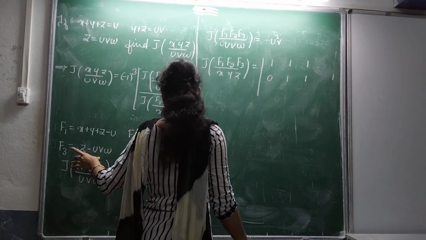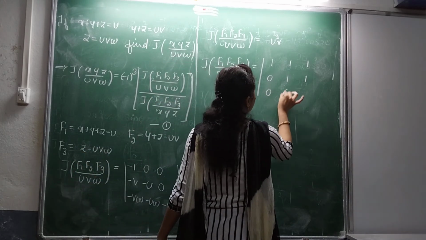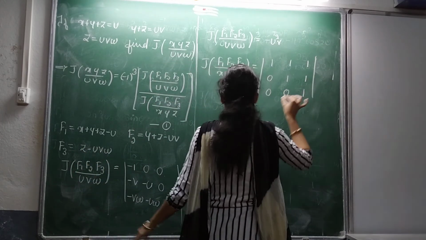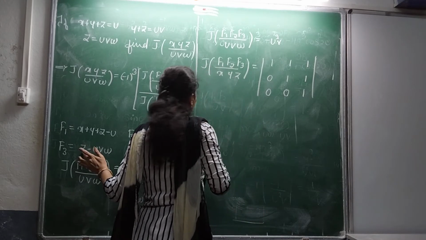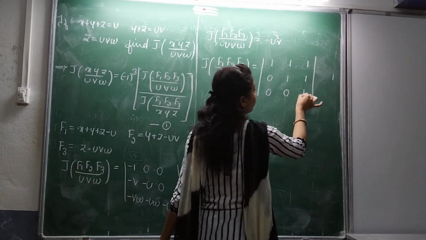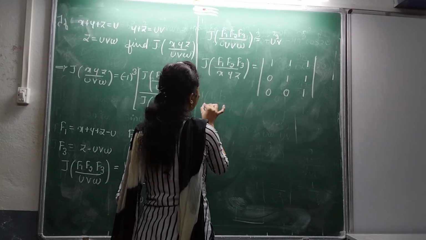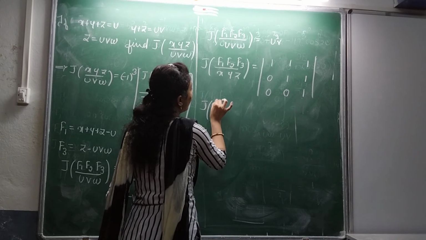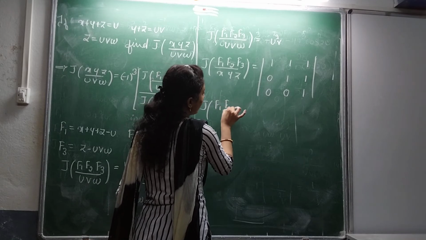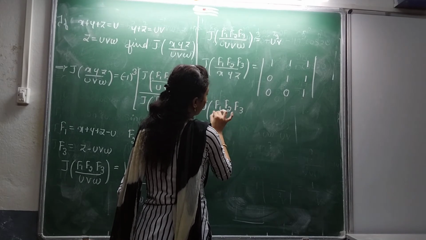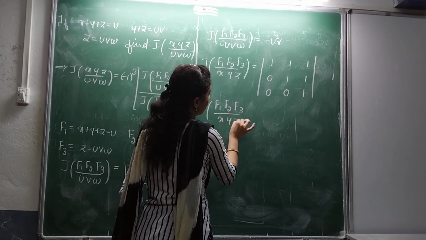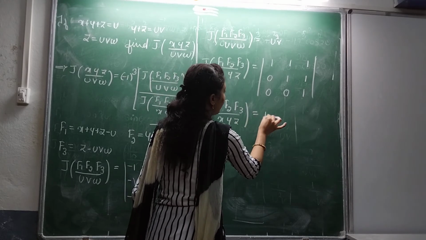F3 with respect to x, y, z: 0, 0, 1. No x, y term, so f3 with respect to z is 1. So again below the principal diagonal all the elements are 0, therefore the Jacobian of (f1,f2,f3) with respect to (x,y,z) is equal to 1.